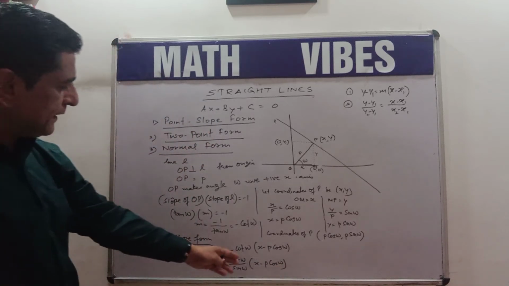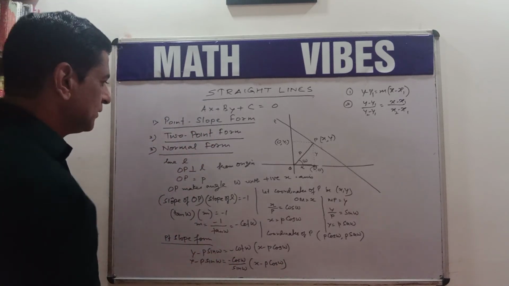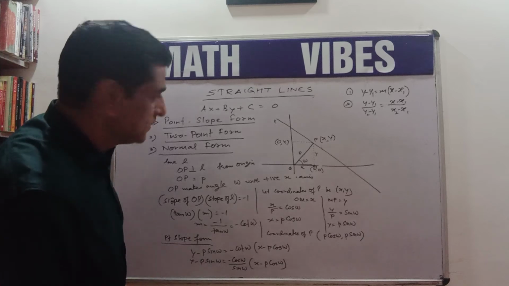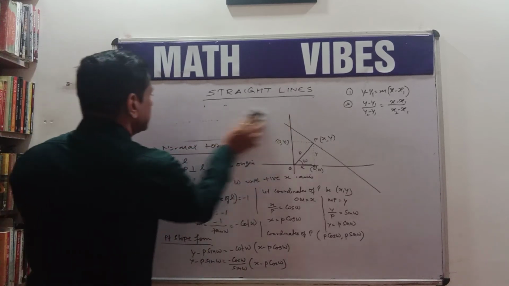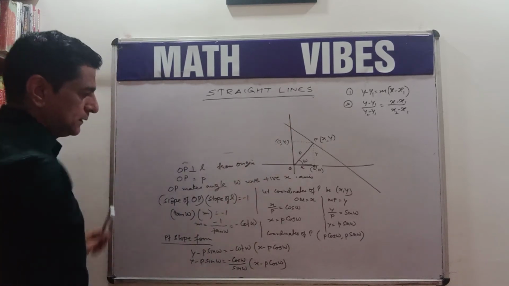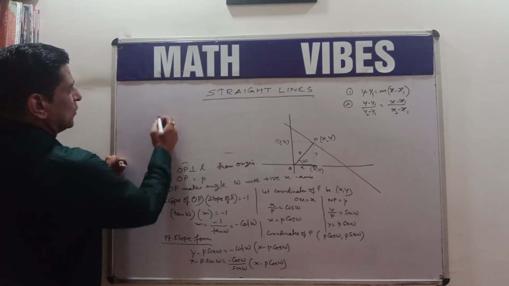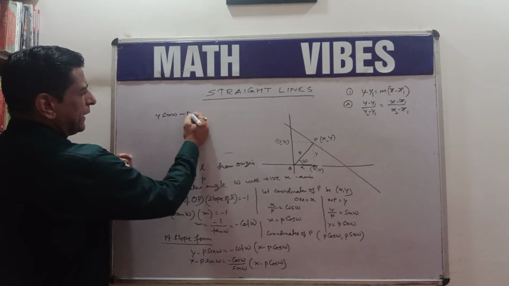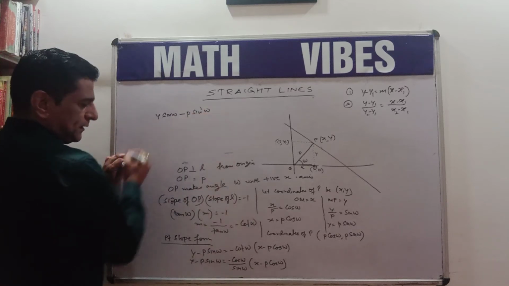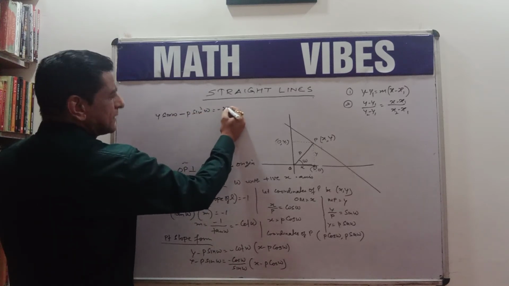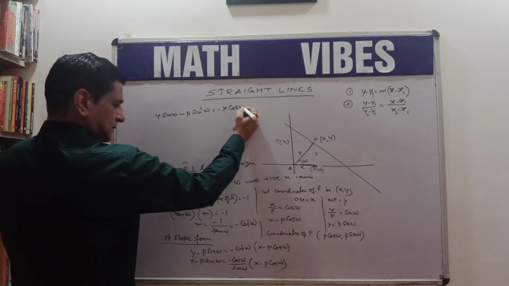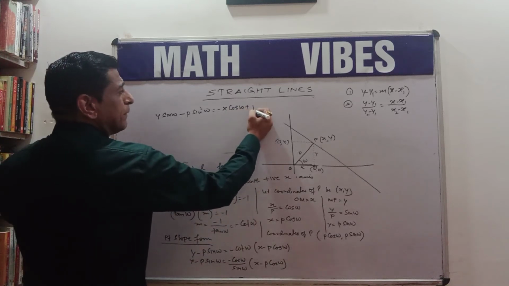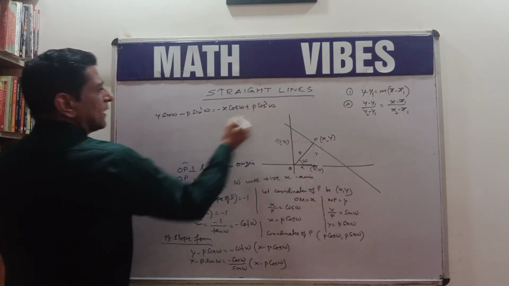So if we multiply these and simplify, so I am erasing this part, we'll get y sin omega minus p sin square omega equals minus x cos omega plus p cos square omega.